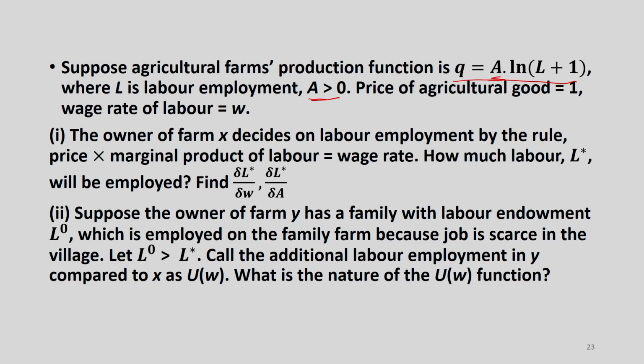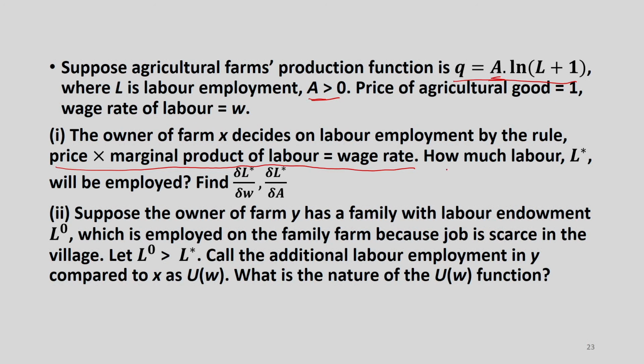The first one: the owner of firm X decides on labor employment by the rule that price multiplied by the marginal product of labor is equal to the wage rate. So, this rule decides how much labor the owner of firm X will employ.